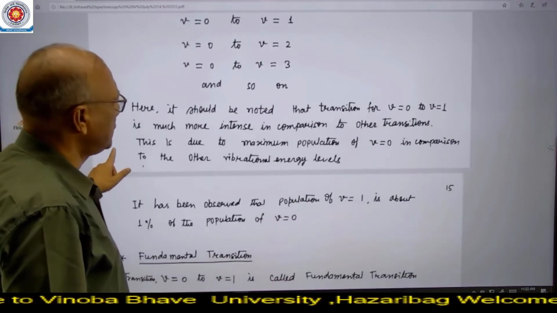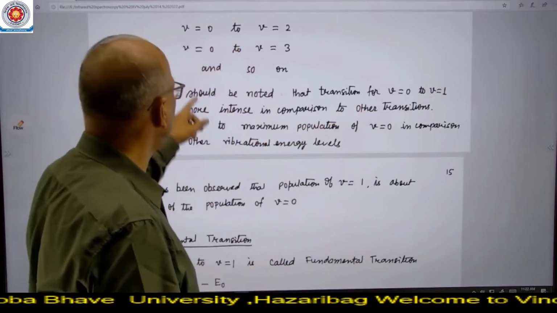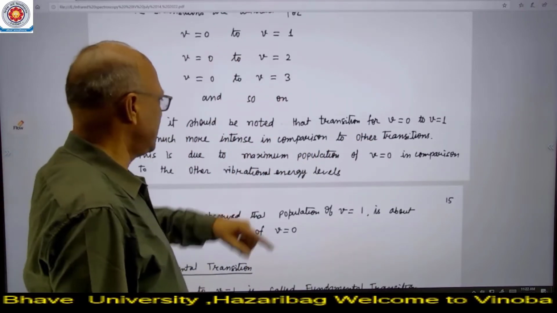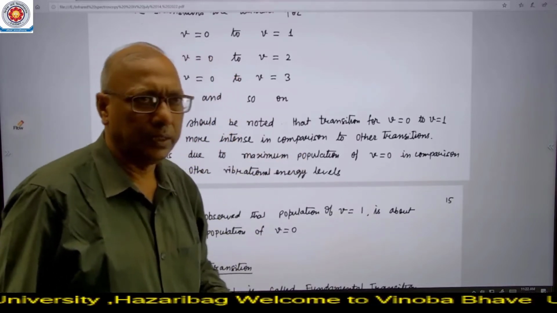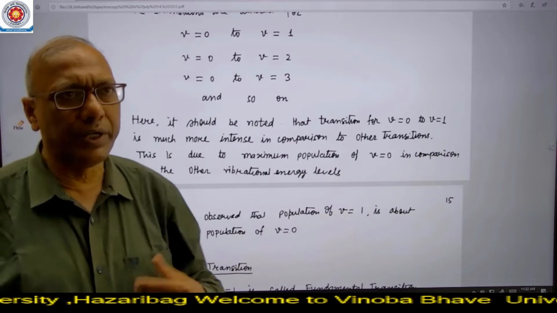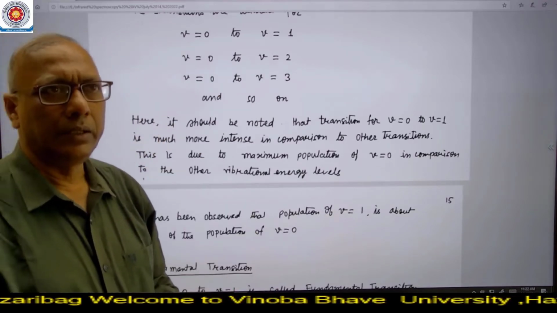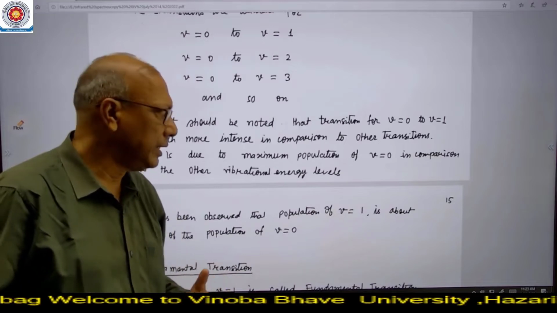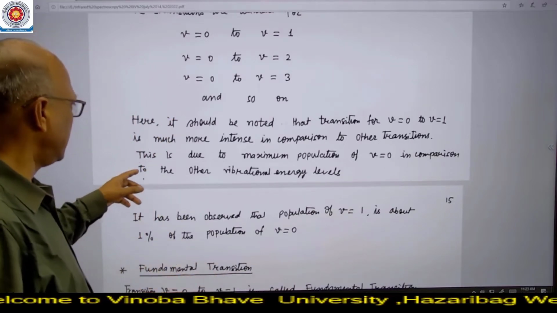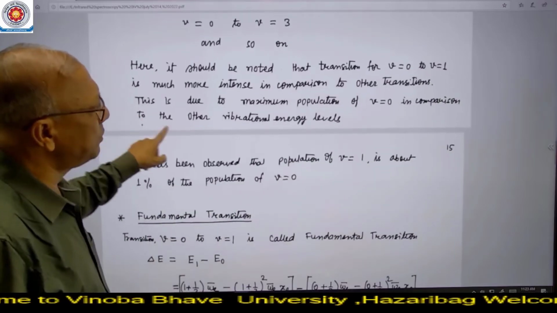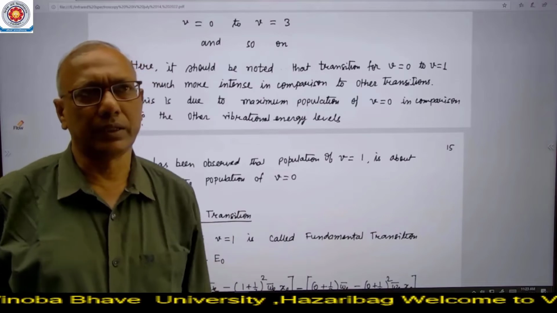Now here it should be noted that the transition from V equal to 0 to V equal to 1, that is this first transition, is much more intense in comparison to other transitions. Much more intense means when we print the spectrum, the brightness of the line is much more intense in comparison to the other transitions. This is due to the maximum population of V equal to 0 in comparison to the other vibrational energy levels.